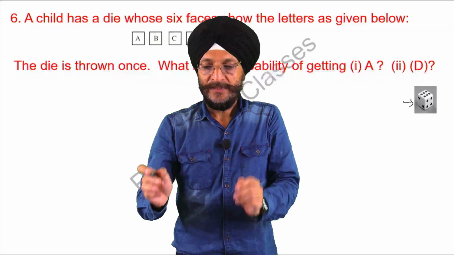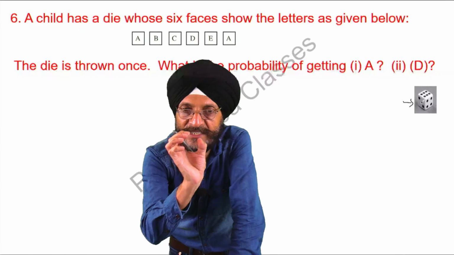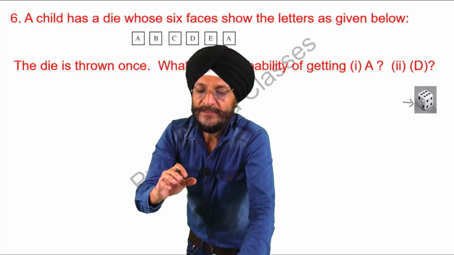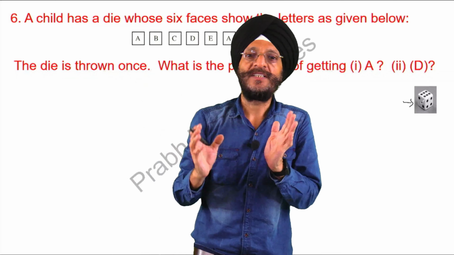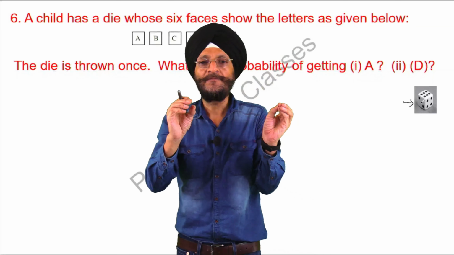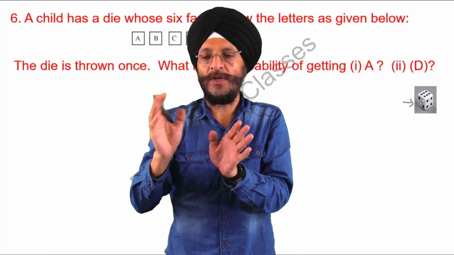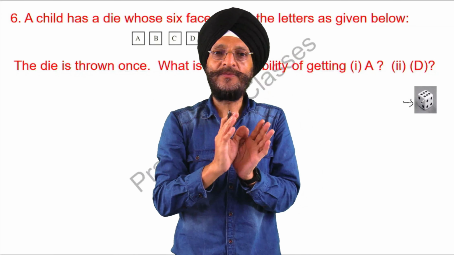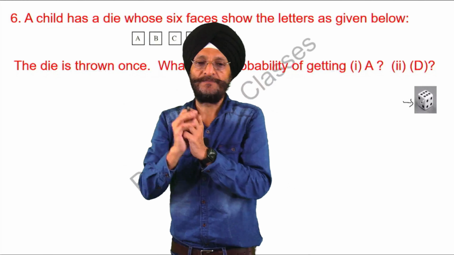If it is a single piece, then it is known as die. When there is more than one piece, they are known as dice. So there is no difference between die and dice; the only difference is singular and plural.